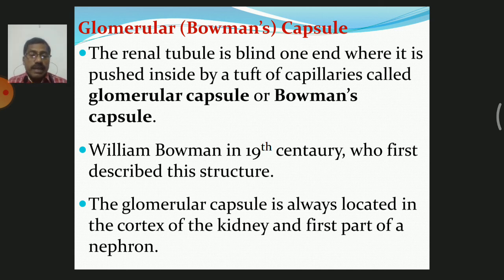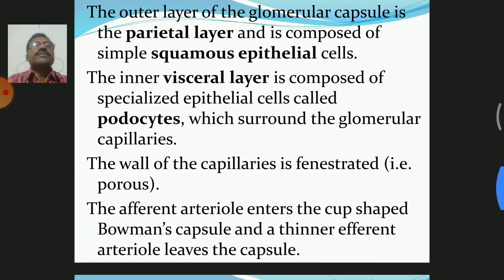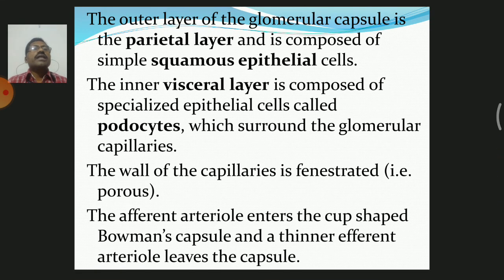The glomerular capsule is always located in the cortex of the kidney and is the first part of a nephron. The outer layer of the Bowman's capsule is the parietal layer and is composed of simple squamous epithelial cells.